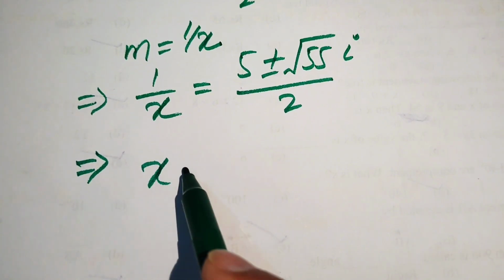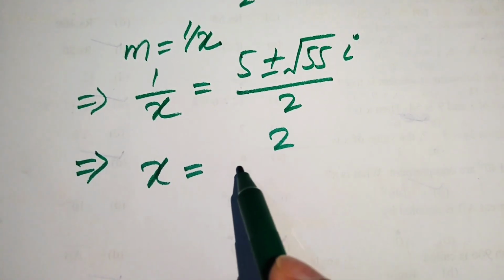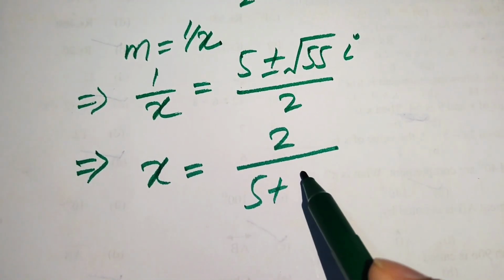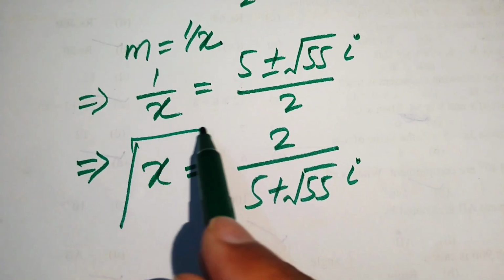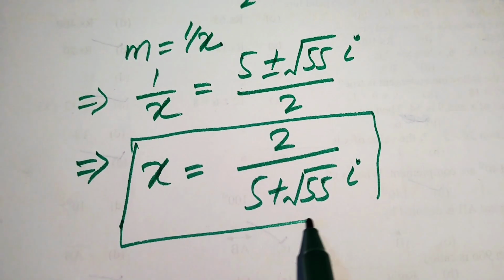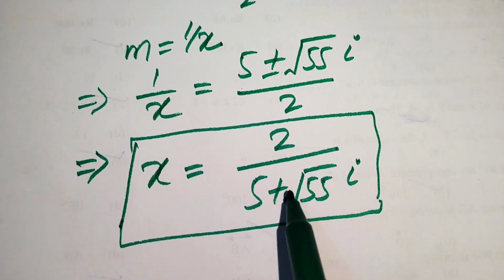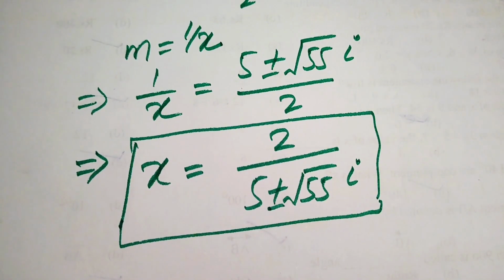When you take the reciprocal, it is written as x equals 2 over 5 plus minus square root of 55 times iota. These are the two values of x, and this is the final answer of this question.